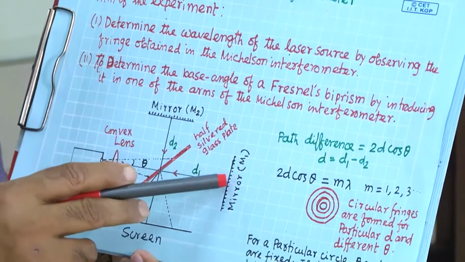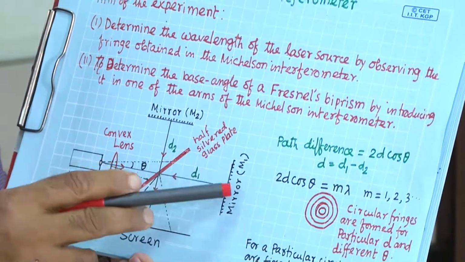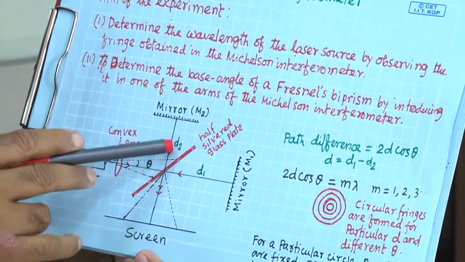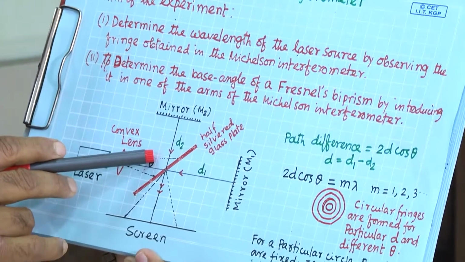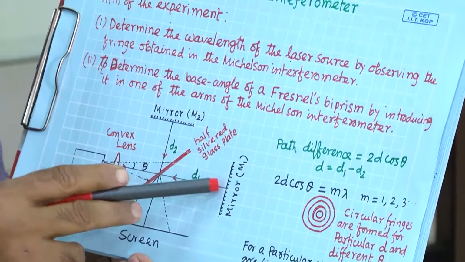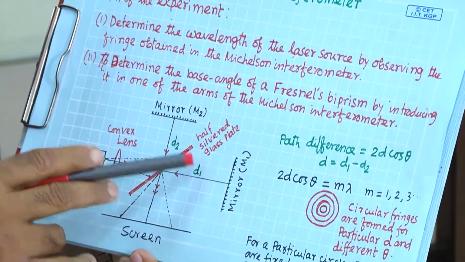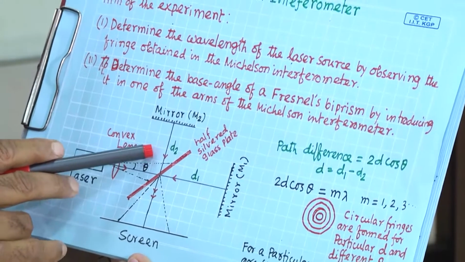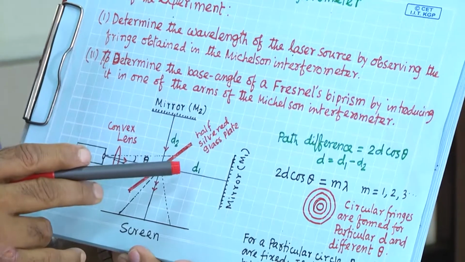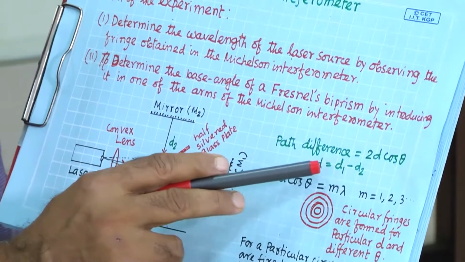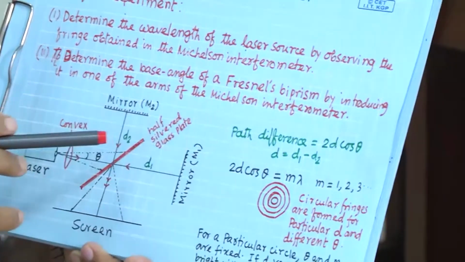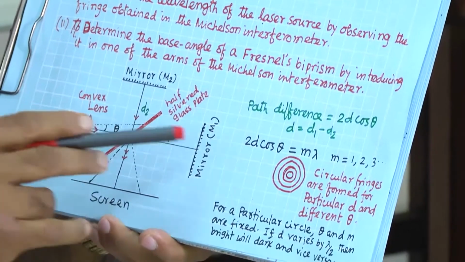Here one travels a path 2D1 and here the other travels twice D2, that is 2D2. So, the path difference will be 2D1 minus 2D2. If D1 minus D2 is D, the path difference will be 2D.